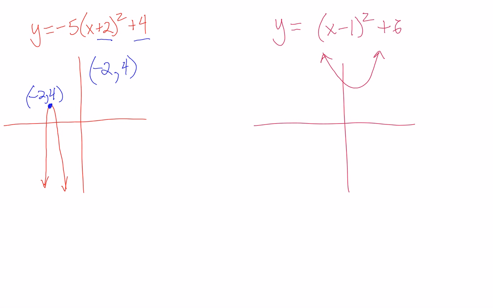Once again, we could calculate the vertex on your calculator, just like we normally would, second, calc, minimum. But in this case, we don't need to because we have the equation. The vertex is going to be at (1, 6). So remember, it's always the opposite of the brackets. If it's inside the brackets, you have to do the opposite. And the y-coordinate is just whatever's outside the brackets. And that's all.